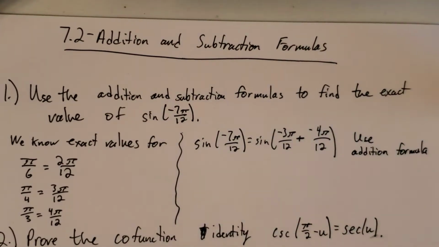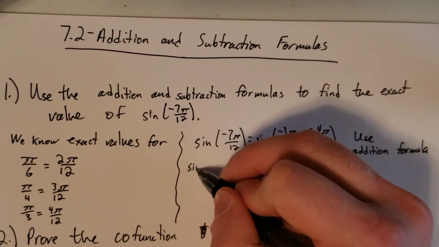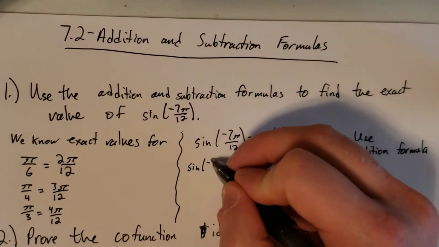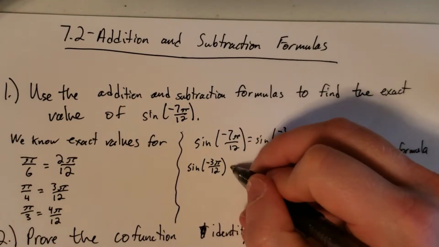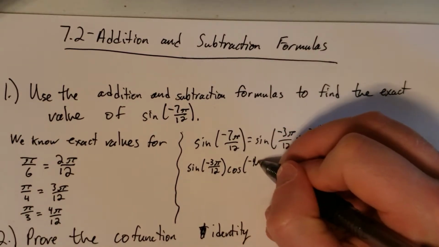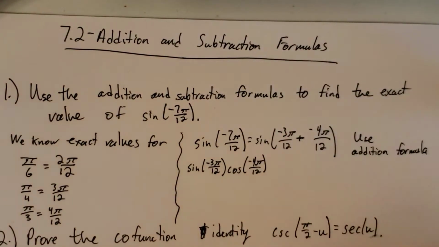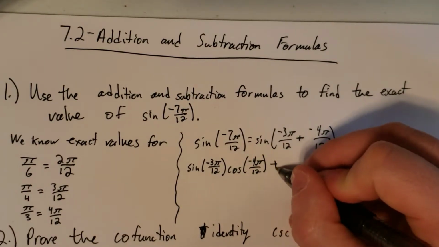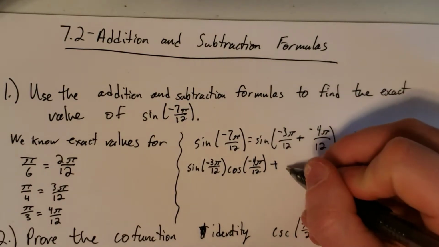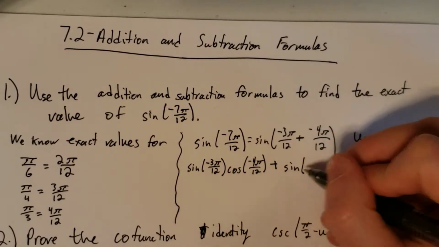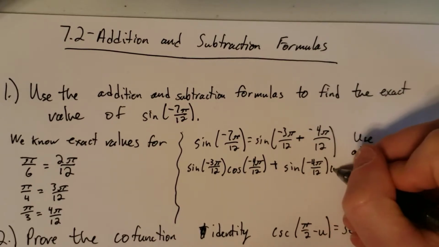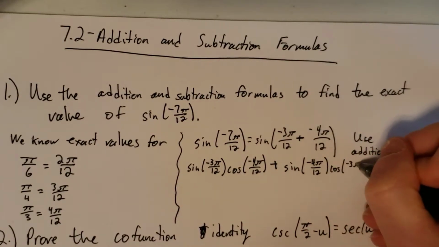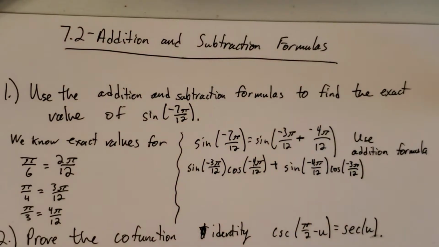So we can use that addition formula to rewrite this as sine of negative 3 pi over 12 times cosine of negative 4 pi over 12 plus sine of negative 4 pi over 12 times cosine of negative 3 pi over 12.